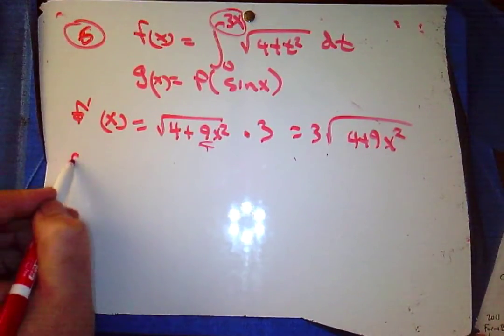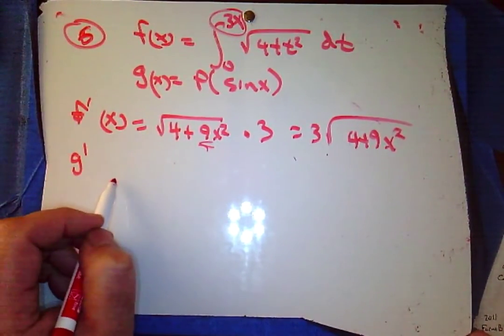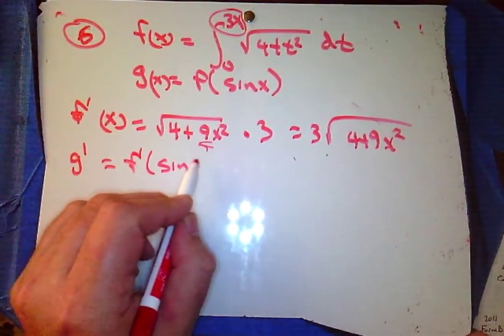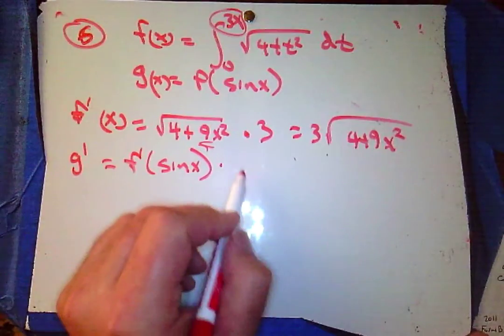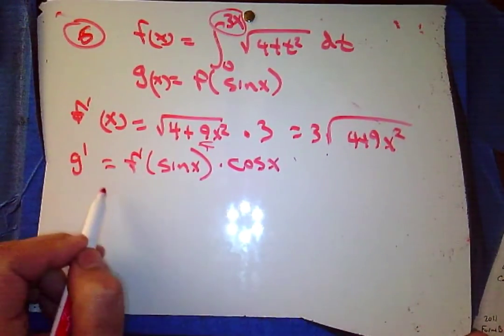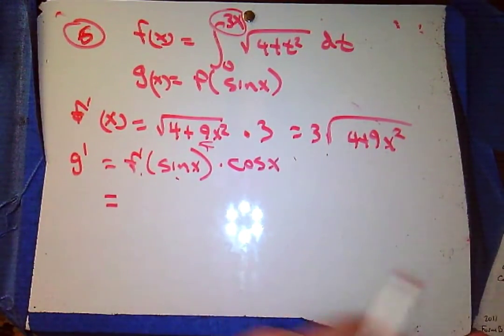What else are we supposed to find? We're supposed to find g prime. Well, g prime is going to be f prime, leave the inside alone, times the derivative of sine, which is cosine. So f prime is this, and I want to plug a sine in there.